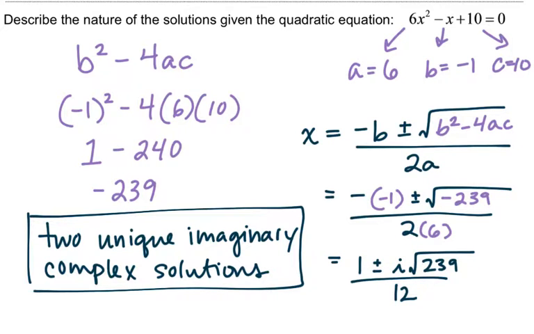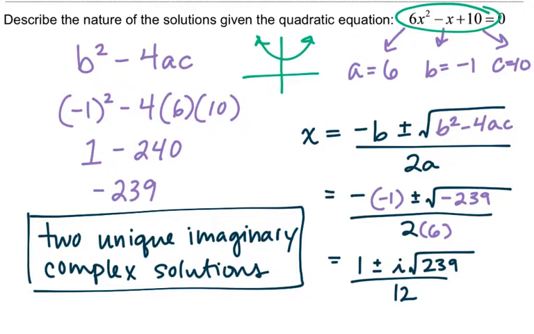So we have 1 plus i root 239 all divided by 12, or 1 minus i root 239 divided by 12. If we were to graph 6x squared minus x plus 10 on my graphing calculator, I would get a parabola opening up that never crosses the x-axis. I didn't graph it on my own, so I don't know exactly where it's located, but it would be opening up and it would never cross the x-axis, or the line y equals 0.